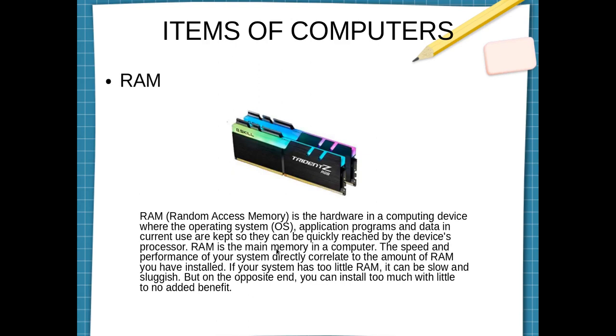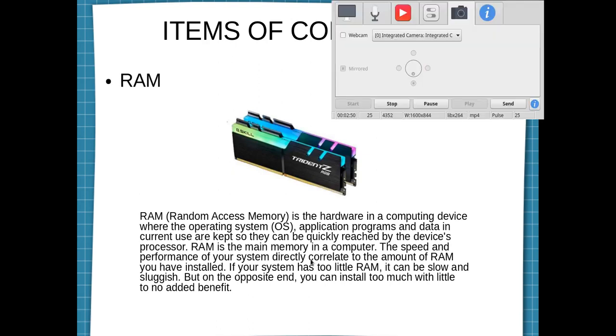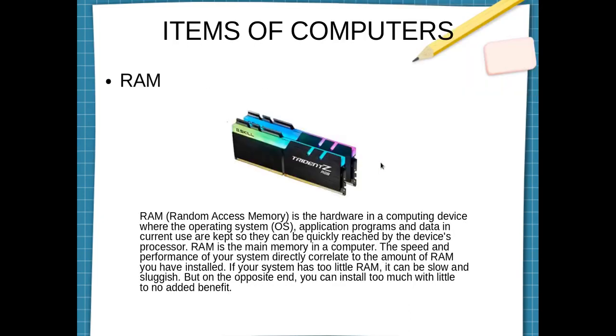Next is random access memory. Random access memory is the hardware in the computing device where the operating system, application programs, and data in current use are kept so they can be quickly reached by the device processor.